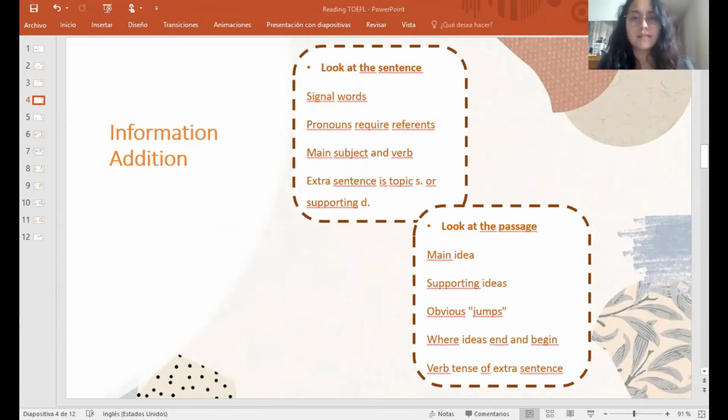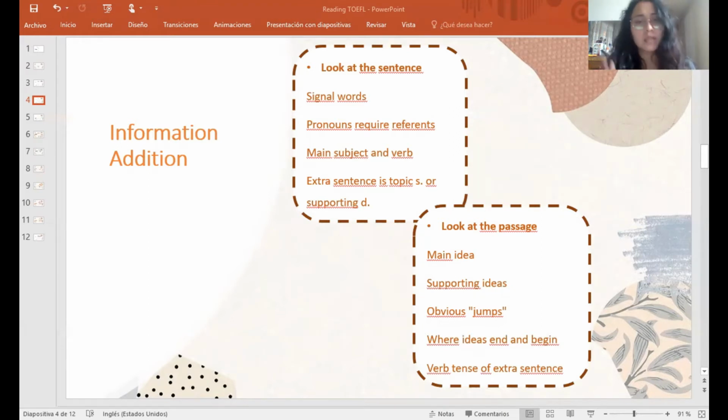First, look at the sentence and see if it contains any signal words like first, also, but, or if it contains any pronoun that requires reference, and also look for the main subject and verb and establish the topic sentence and supporting ideas.